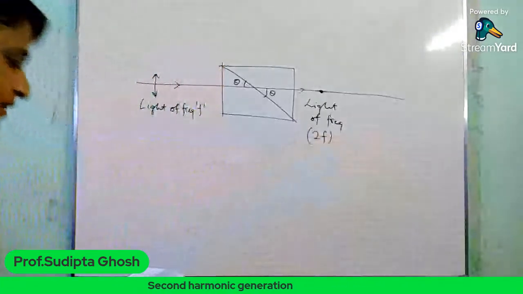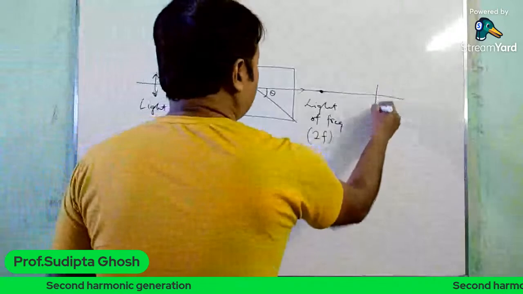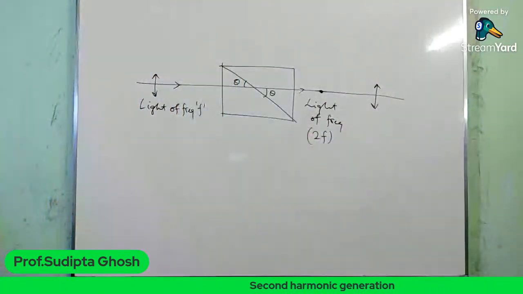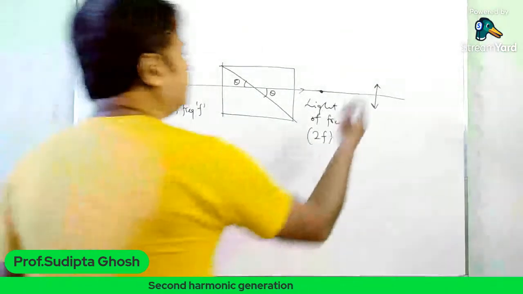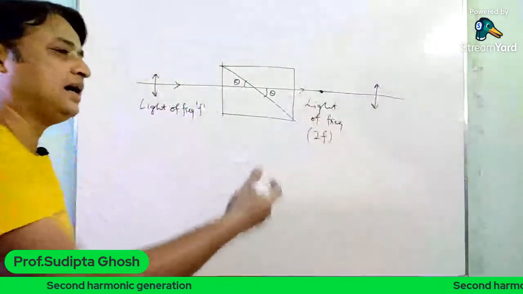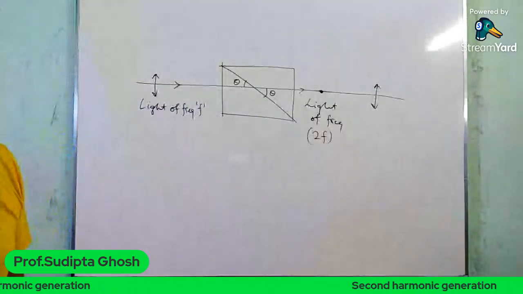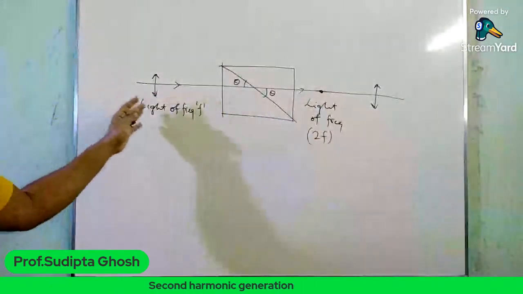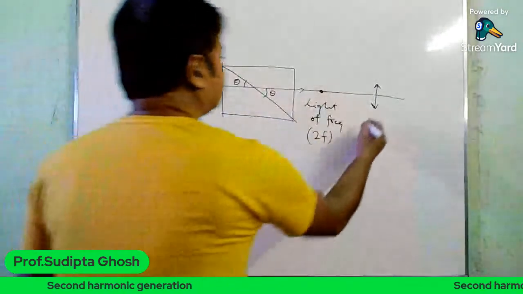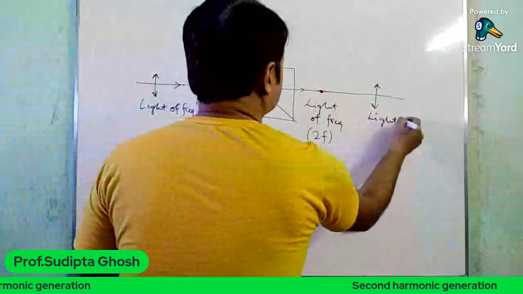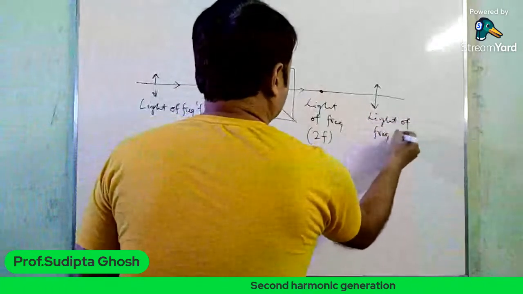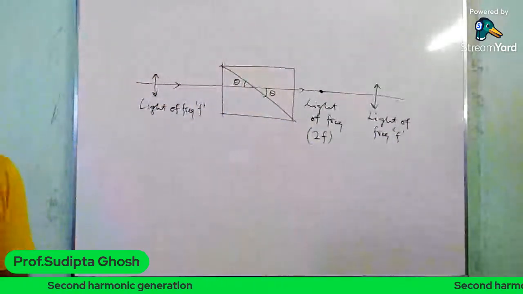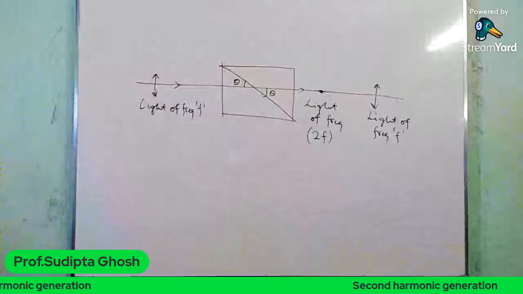Thereafter, the original wave having the same frequency f is also found, and the state of polarization of this wave is similar to that of the incident wave, and this is the light of frequency f. So this is how second harmonic generation takes place.